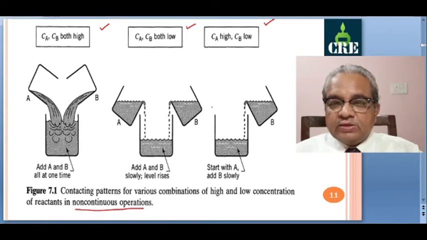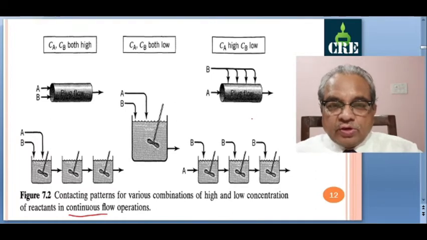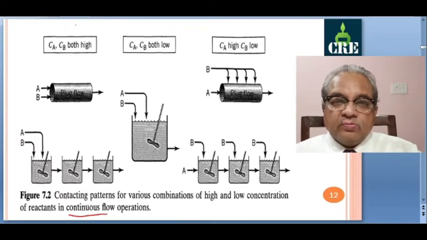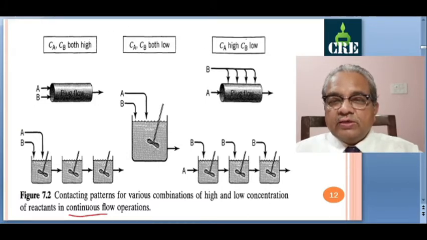And if Ca is high and Cb is low, you first charge Ca and then add the other slowly. If it is the other way around, that means Ca is low and Cb is high, then you charge Cb first and add Ca slowly. Now in continuous operations, again the same cases: Ca and Cb both high, Ca and Cb both low, and here Ca high and Cb low.